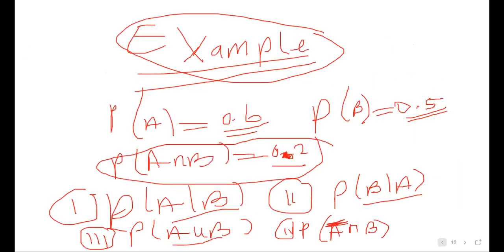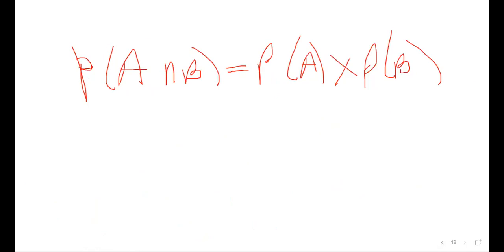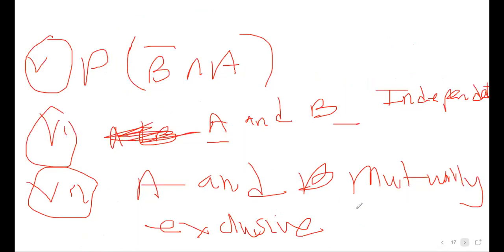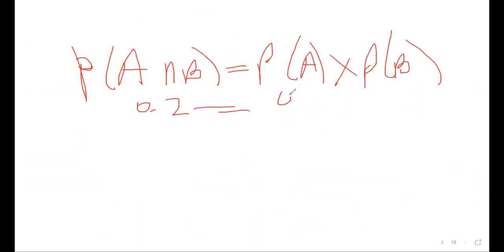So here we have 0.2. Is it equal to the product of A and B, where A is 0.6 and B is 0.5? So 0.6 multiplied by 0.5.